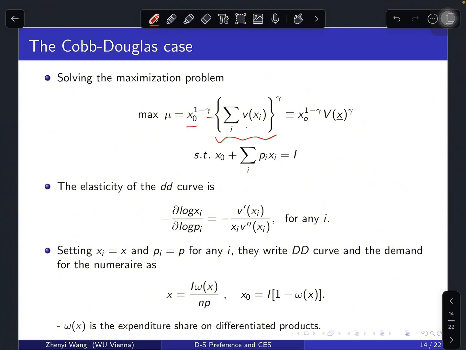Why? In the CES case, consumer demand for differentiated products is symmetric and has unit income elasticity. It means that the expenditure share for each product remains constant. Since the differentiated products have constant elasticity of substitution, the parameter multiplied by SQ can represent the expenditure share when abstracting all differentiated products into one sector.